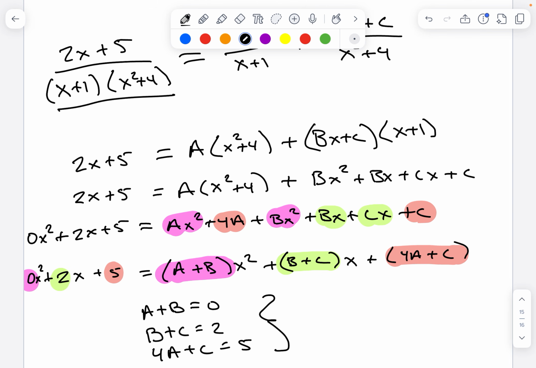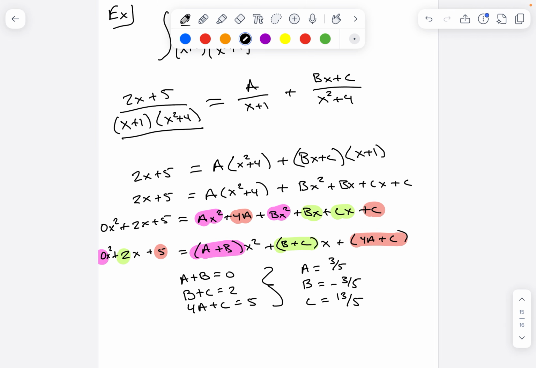But essentially, once you solve it, you get A is equal to negative B, and that is equal to 3/5, and B is equal to negative 3/5. And then our C value is equal to 13 over 5.